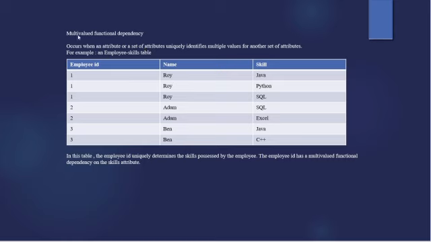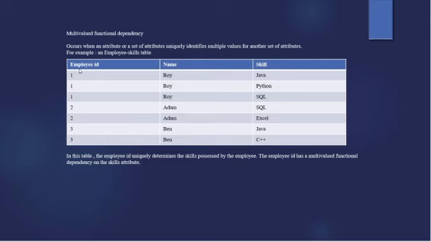So from the term multi-valued, we can say that the values of the dependent are many as determined by the determinant.